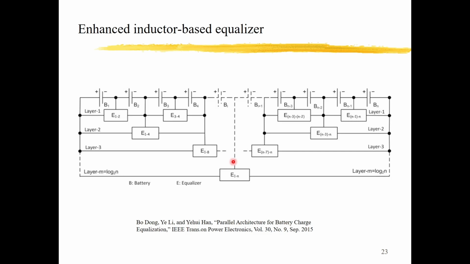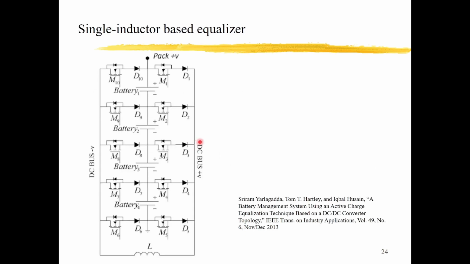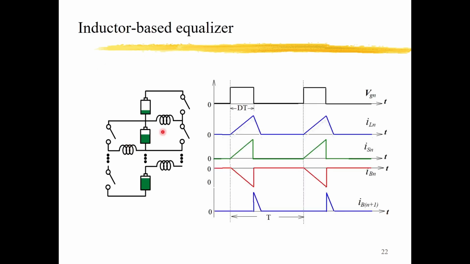This is the philosophy. And this is another method. In this method, there is only one inductor and there are many batteries. Not like this one, where there are many inductors.